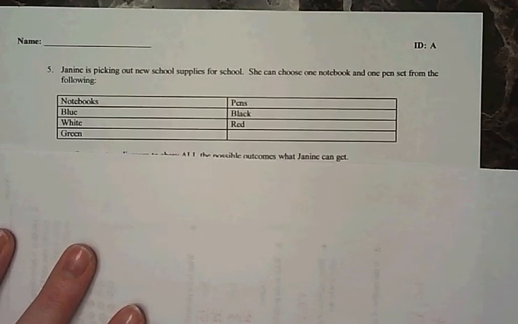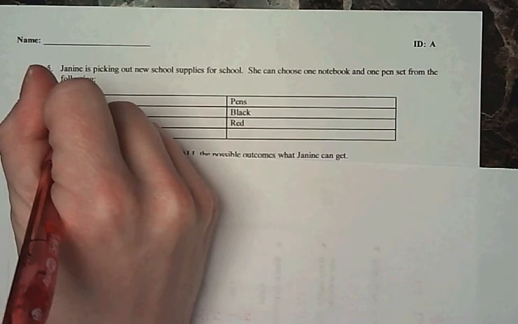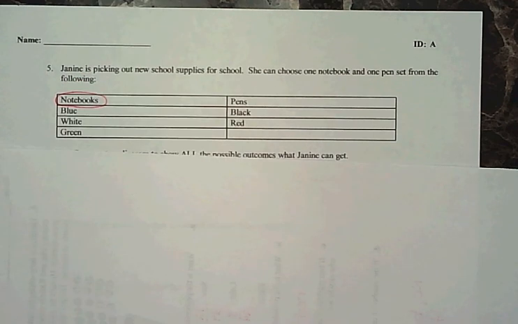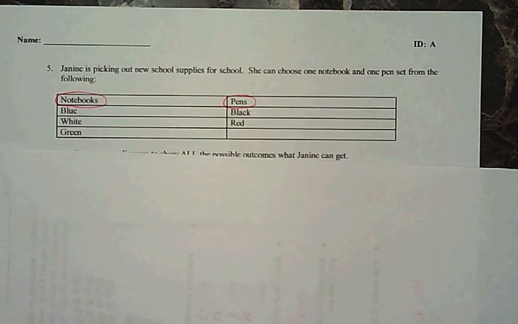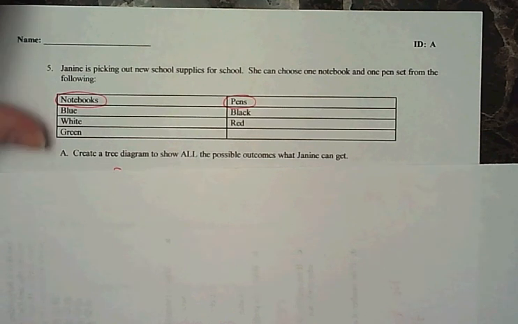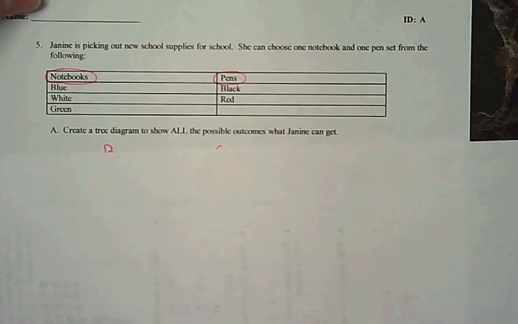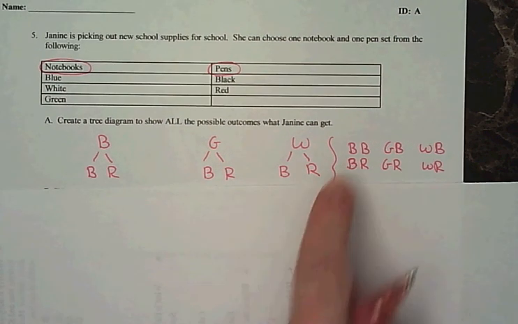Okay, and last question. Janine is picking out new school supplies for school. She can choose 1 notebook and 1 pen from the set. My notebook choices are blue, white, and green, and my pen choices are black and red. The first question says, create a tree diagram to show all possible outcomes that Janine can get. Clearly you guys can't write this in here, so I did one for us, and it should look like that. Here are all our choices.